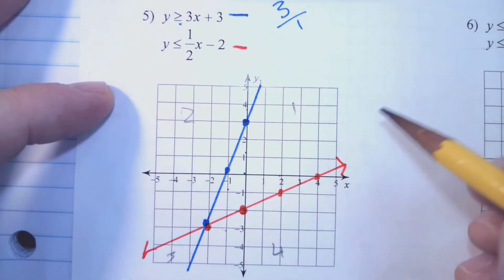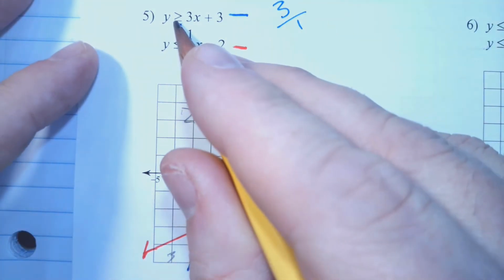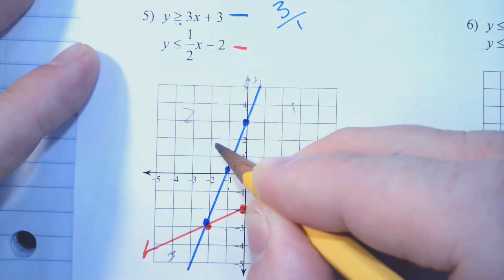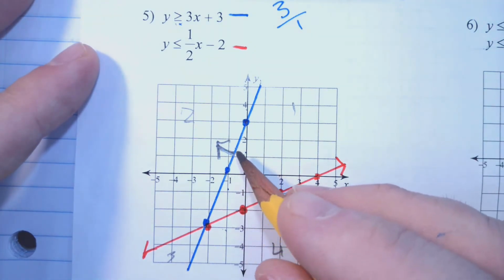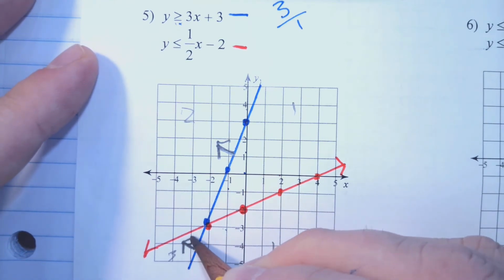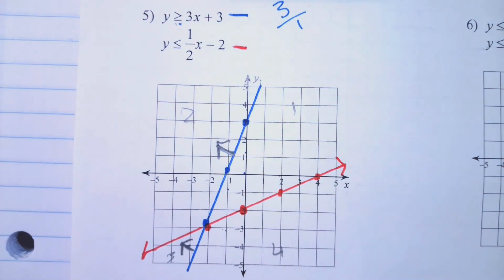And so this is how I'm going to determine which way to color. Let's look at the blue line. Blue line is greater than, so I'm supposed to color on the roof, so I'm supposed to color this way. Okay, or this way. So I'm either going to color here or I'm going to color here. That's my only choices at this point.